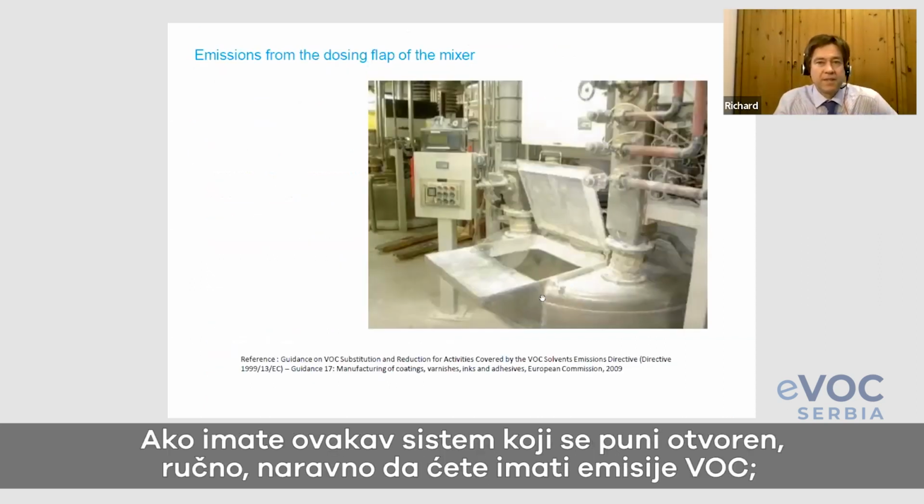So, for example, if you have such a system that is operated here, where you would fill in an open way manually, of course you will have VOC emissions here.